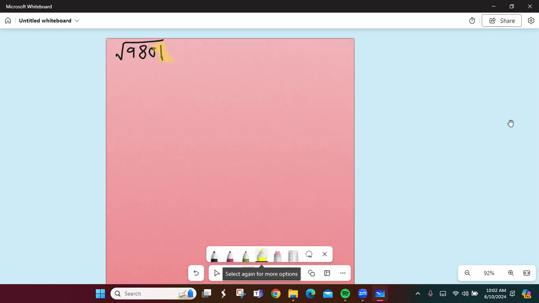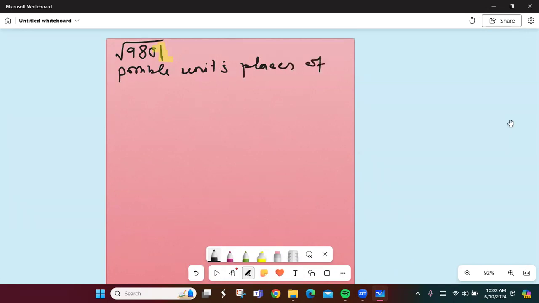Since the units place is 1, what are the possible units places of the square root? According to the table we have made just now, the possible units places will be either 1 or 9. We have to select the proper one.